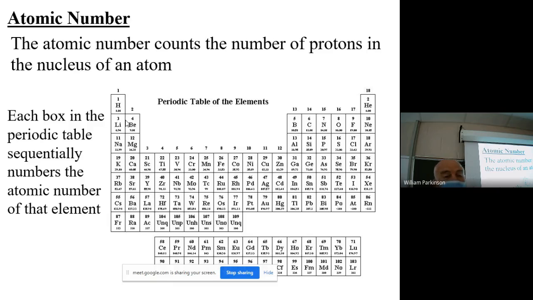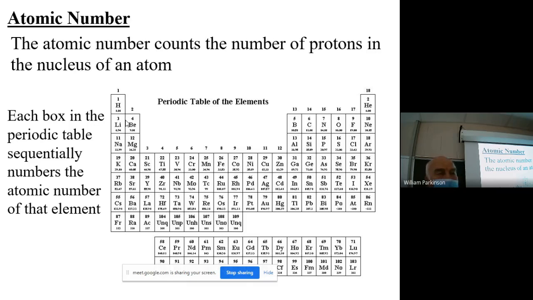So it's almost like what we could say is redundant information. Box number 1 has an H in it, and at the top of it is the number 1. All atoms of hydrogen have 1 proton. Box number 2 has a symbol He that says it's an element, helium. Helium element is made up of helium atoms.